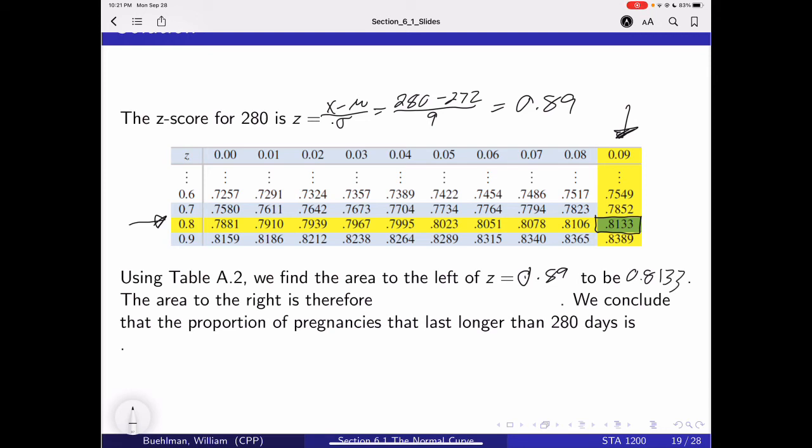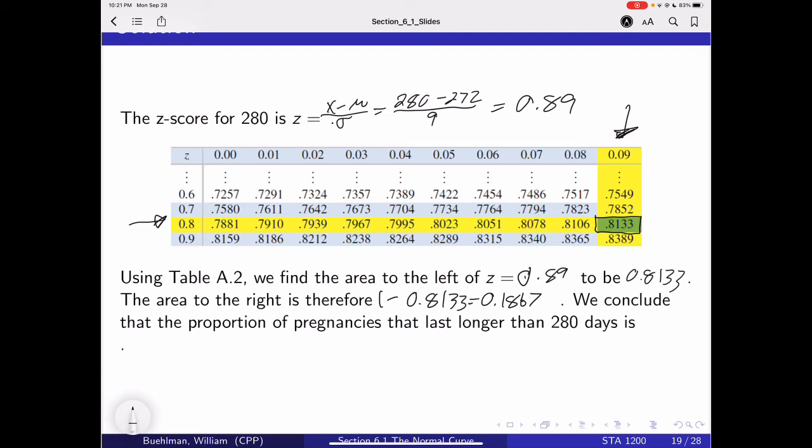The area to the right, therefore, is 1 minus that 0.8133, which equals 0.1867, because remember, the table gives us the area to the left, which would be less than 280 days, and we want to know more than 280 days, so that's why we have to do this 1 minus 0.8133.